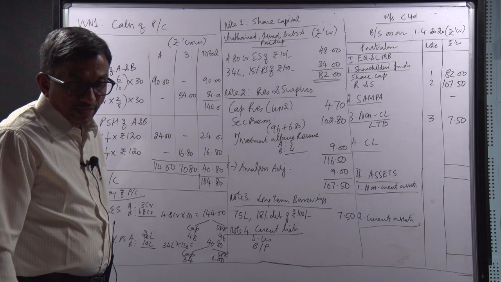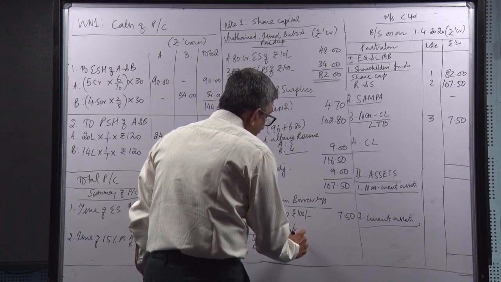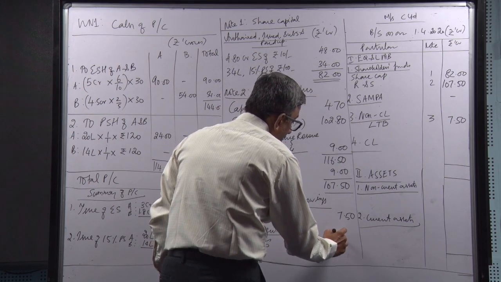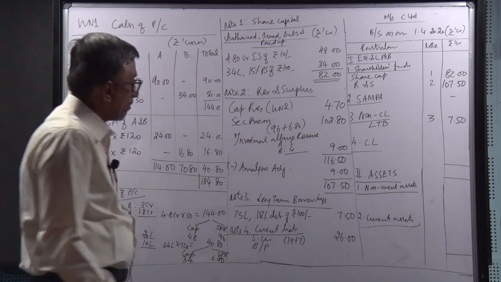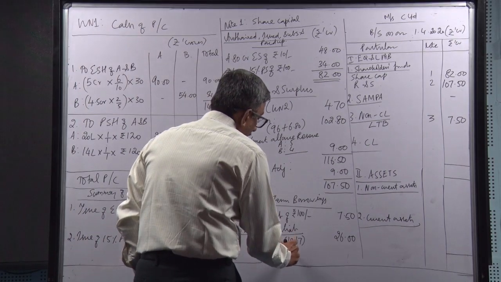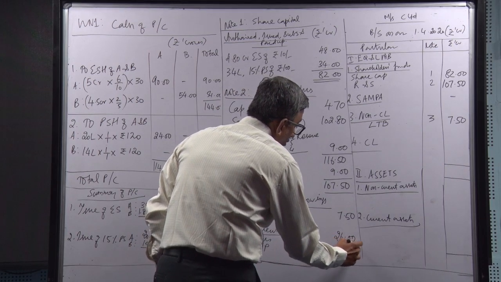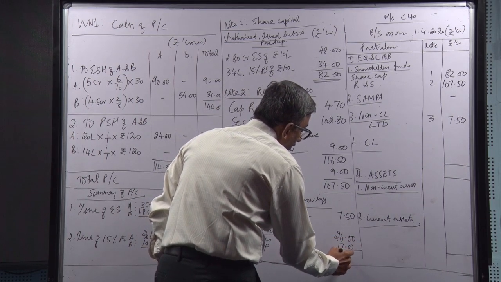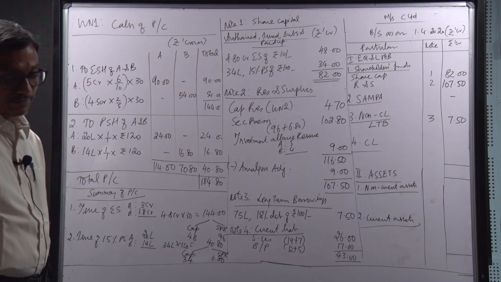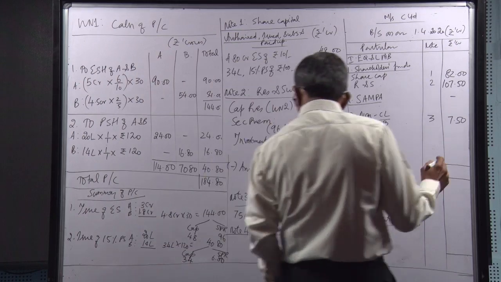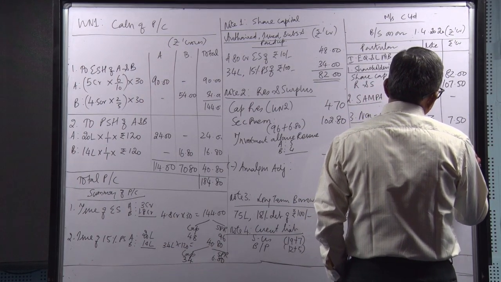Sundry creditors of A and B total is 19 plus 7, 26. Bills payable of A and B is 12 plus 5, that is 17. So total of current liability 43. That you show under current liability note number 4, 43 crores.